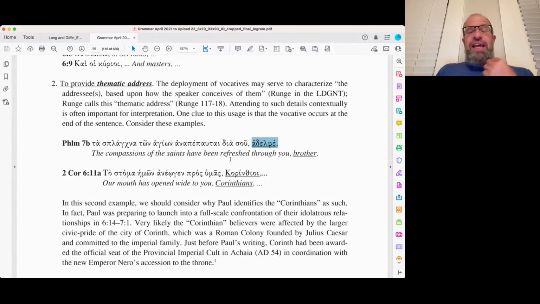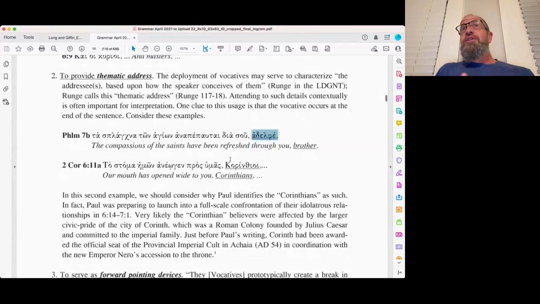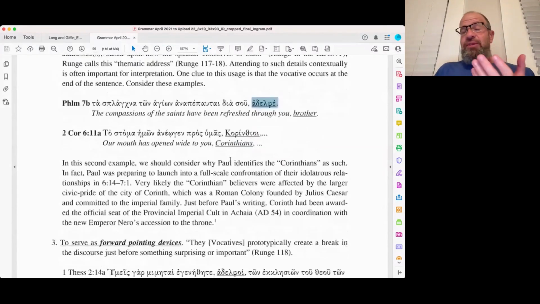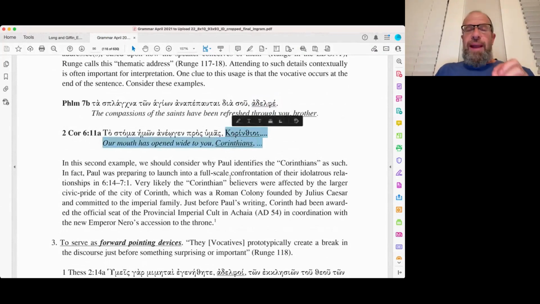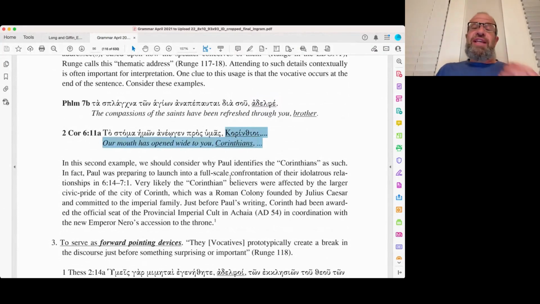Sometimes he may construe the addressees in a way that draws out a problem they're struggling with. In 2 Corinthians 6:11, Paul describes the believers as Corinthians, and in the context, he is just about to call them out for this civic pride that they have, precisely because they're identifying themselves by the name of their city rather than by being believers and siblings of one another.